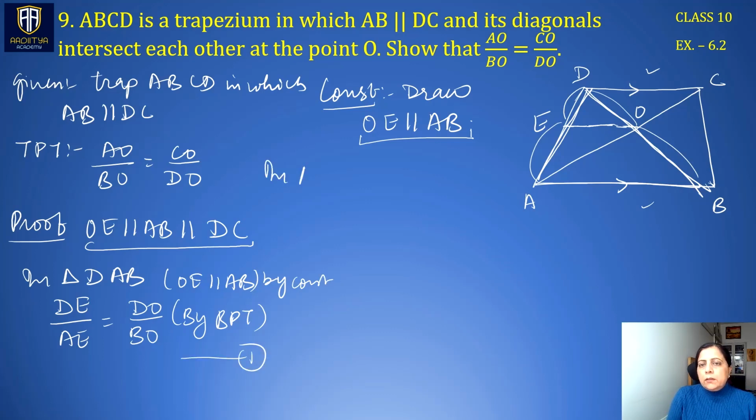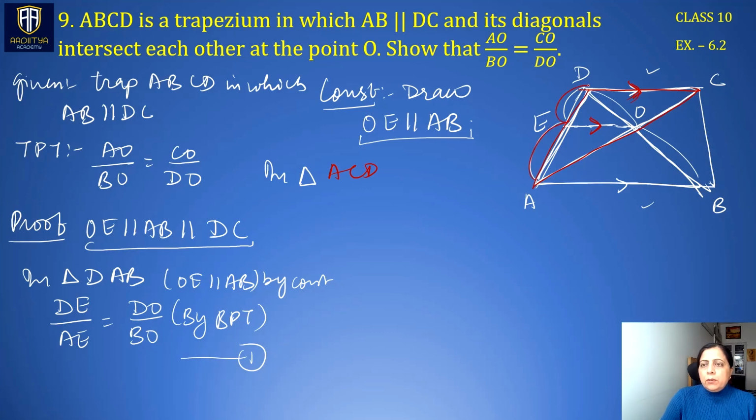Now in the next triangle, reverse the triangle. Now focus on triangle ACD. Let me change the color. Here this side is parallel to this side, so again we can find the ratio in triangle ACD. This line is parallel to this line.